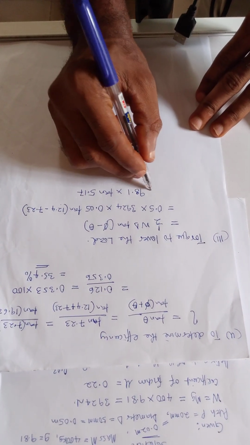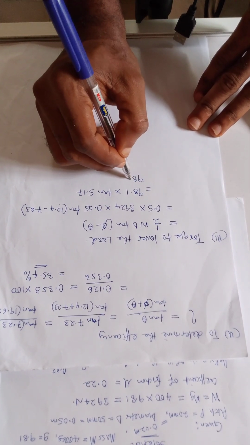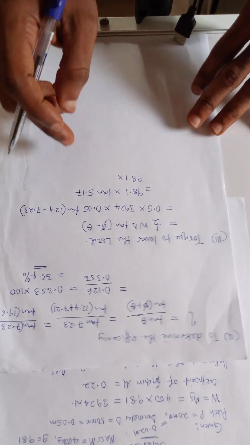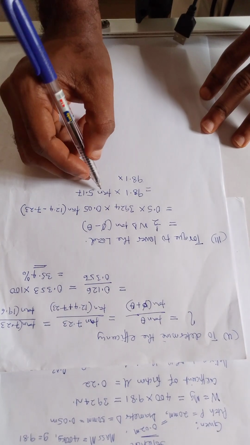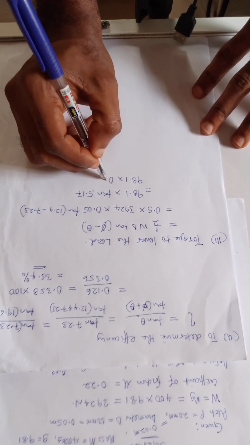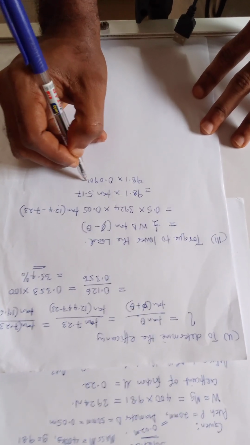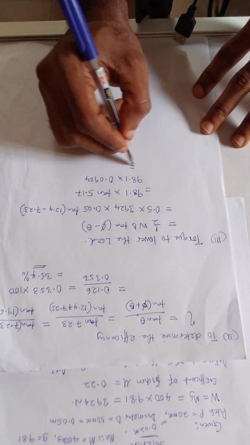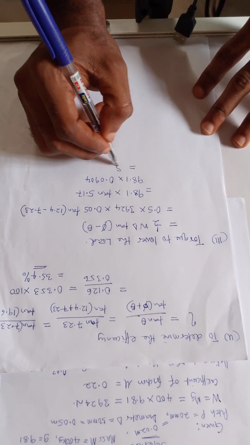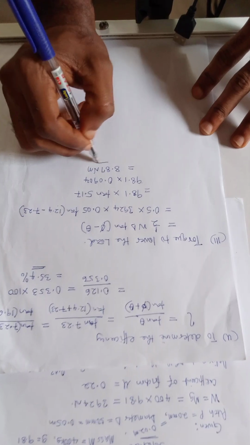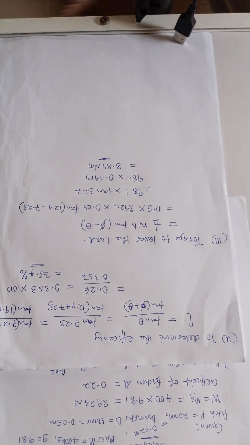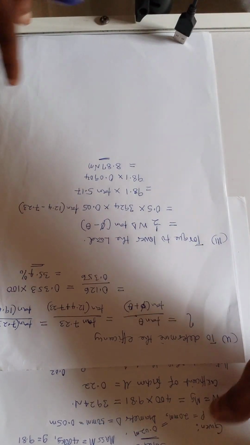The value of tan 5.17 gives us 0.0904. When we multiply this by 98.1, we have 8.87 Newton meter. So the torque to lower the load will be 8.87 Newton meter.